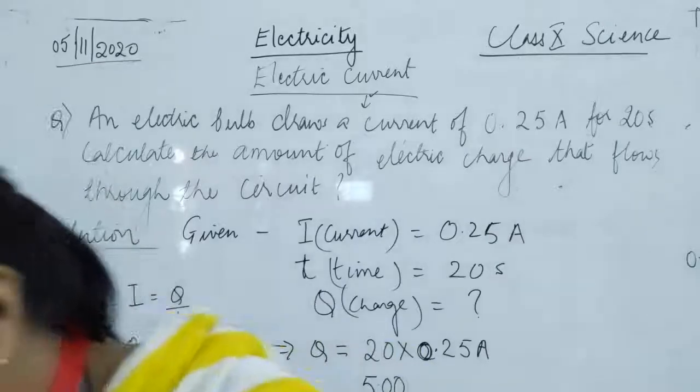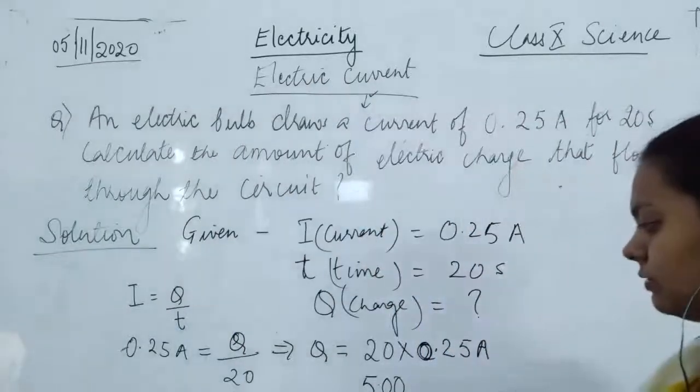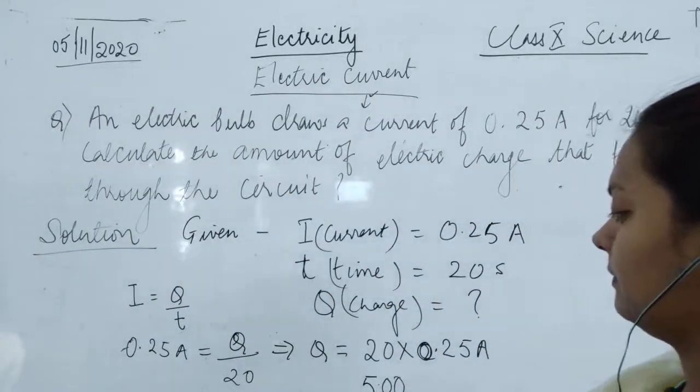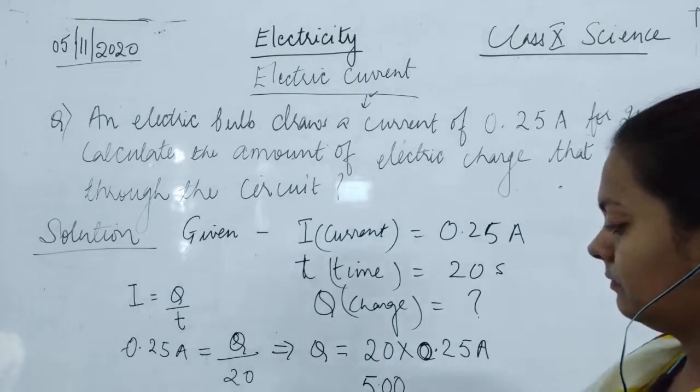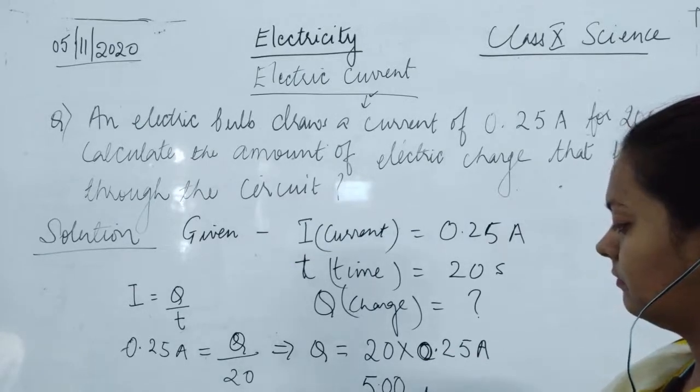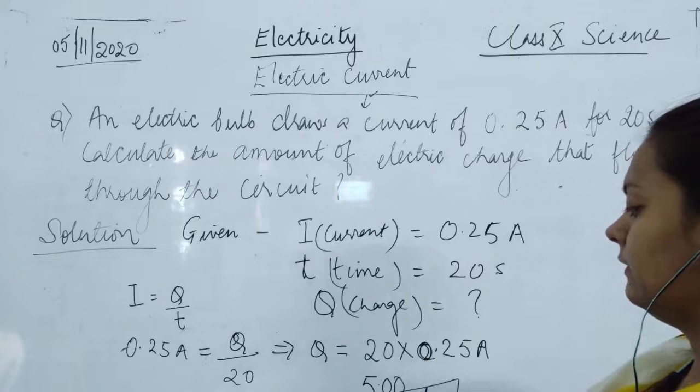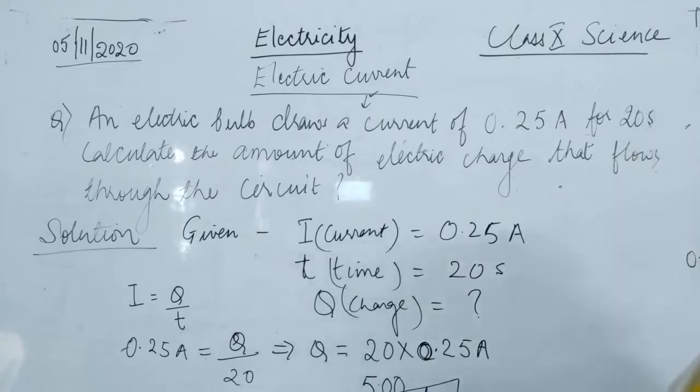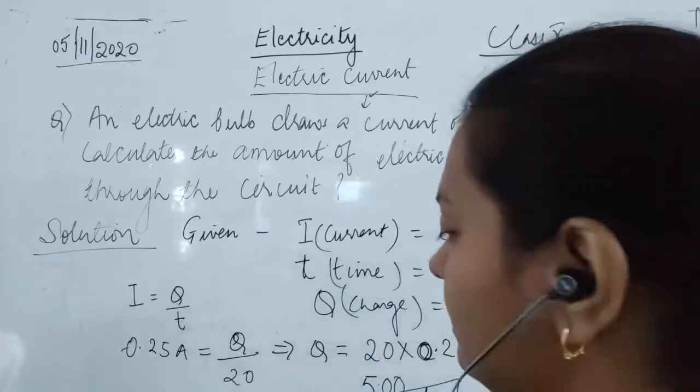That is 5 coulomb of charge is going to flow. The answer is 5 coulomb.